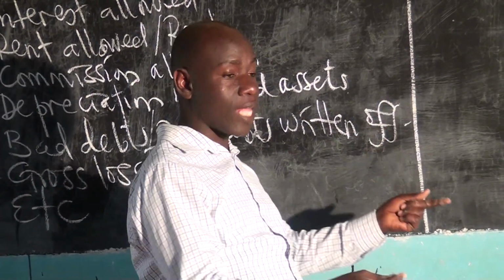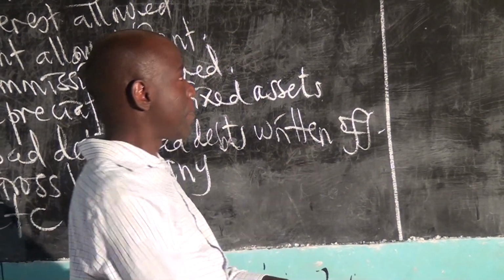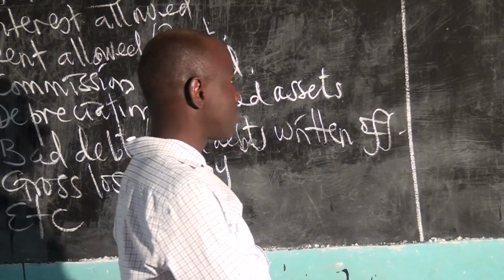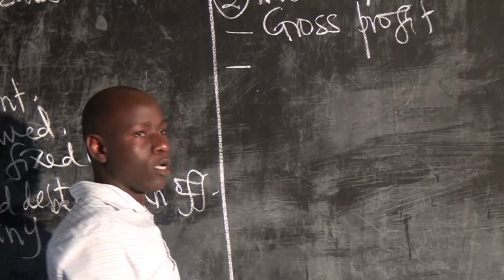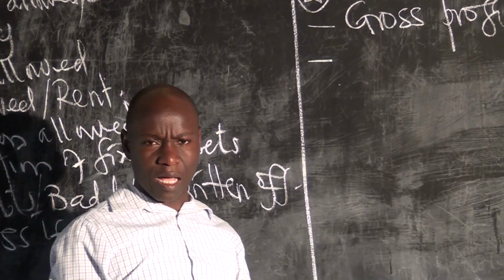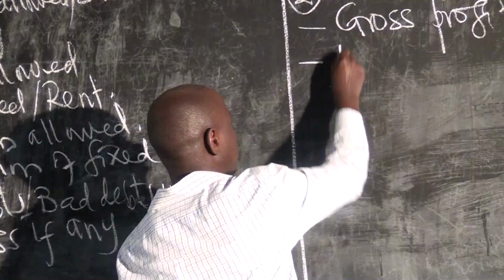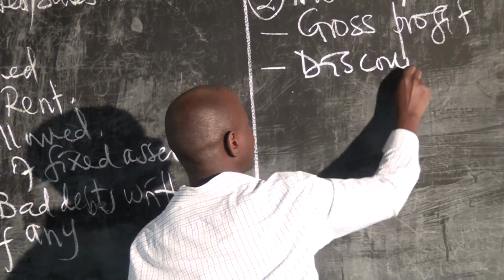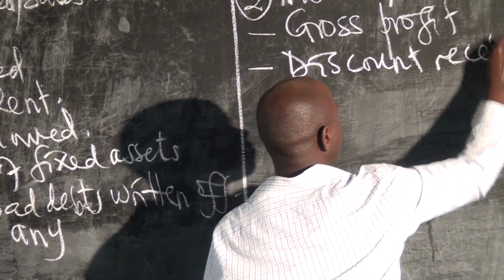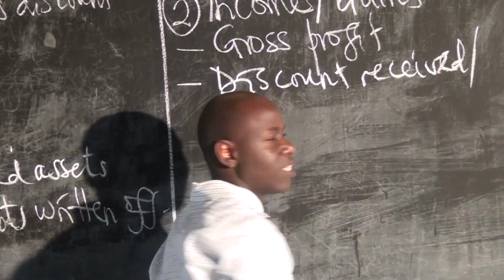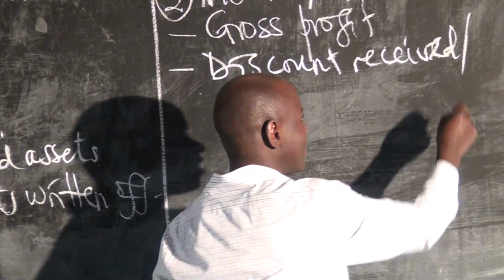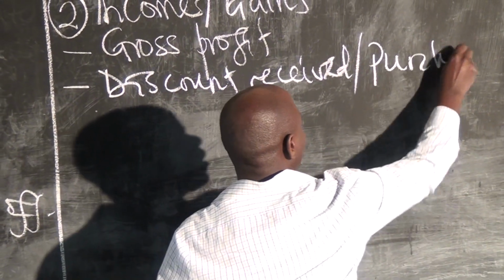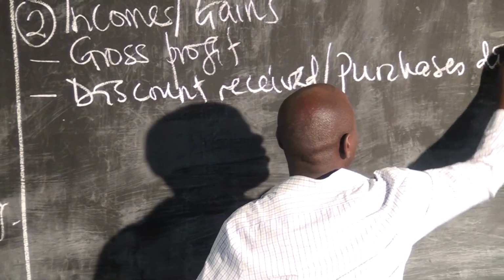So we use it when you are preparing the profit and loss account. It's one of the items that actually help us when we are preparing the profit and loss account, the gross profit. Then we add the other supplementary incomes. For example, we have discount received. Some people call it purchases discount.